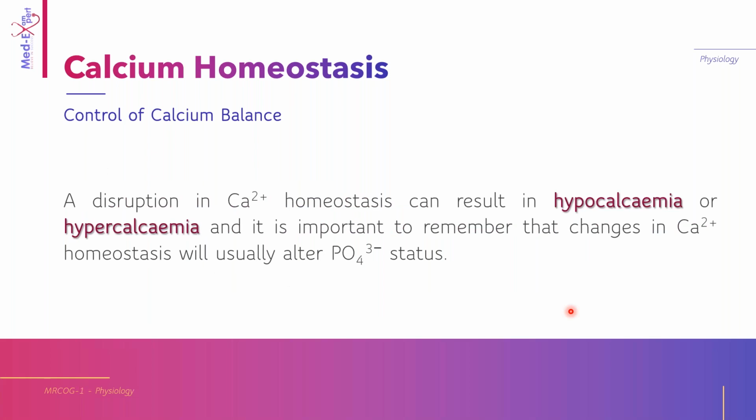A disruption in the calcium homeostasis will result in either hypocalcemia or hypercalcemia. So any change in the calcium level will result in hypocalcemia or hypercalcemia, and of course, any change in the calcium level will also affect the phosphate status.